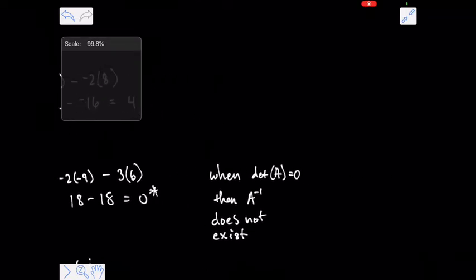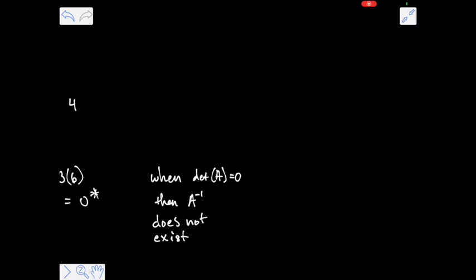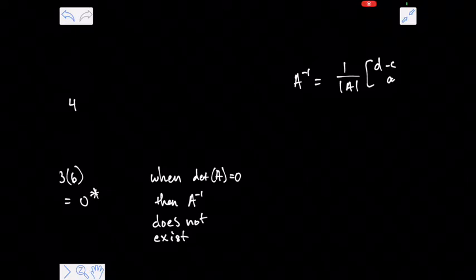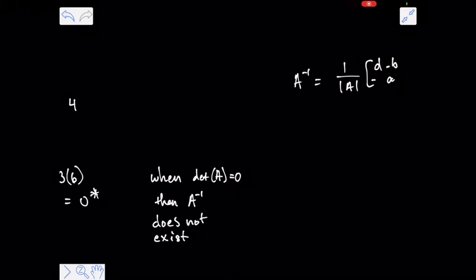The reason being, going back to what I just had, if we're talking about the inverse formula, it's 1 over the determinant of A times this, oops, that's the opposite of B, opposite of C, there we go.